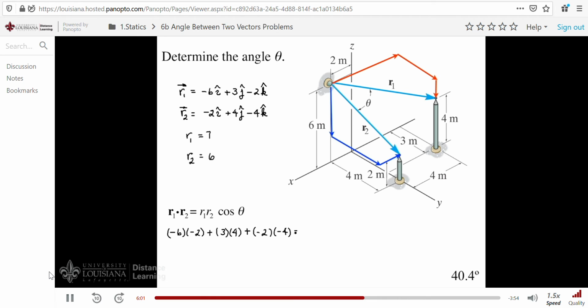We set all this equal to the magnitude of r1, which of course is 7, and we have our 6. We also multiply this by the cosine of theta. Now that this is all set up, we simply figure out the result over here and divide by this number, which is 42, and look up the arc cosine of the ratio, and you'll get the answer for theta, which turns out to be 40.4 degrees.